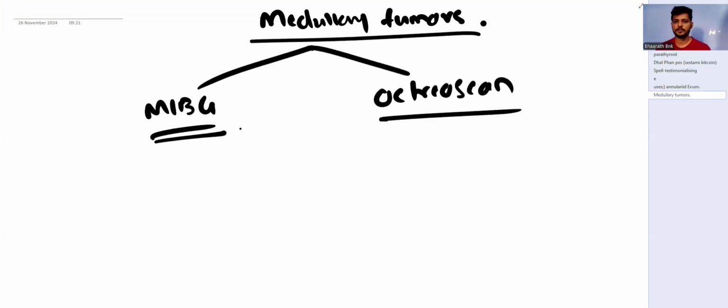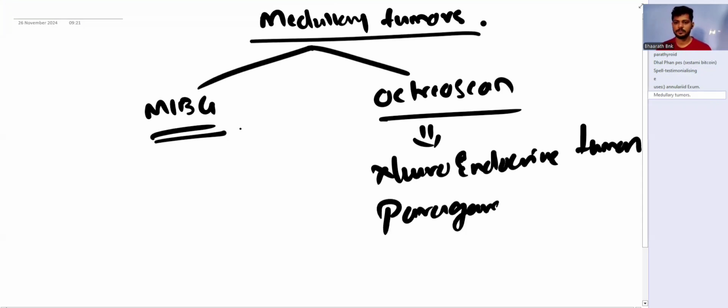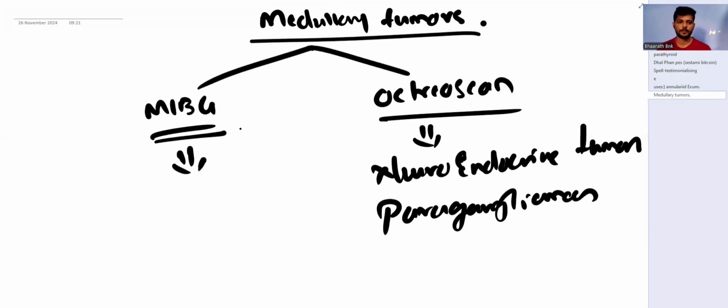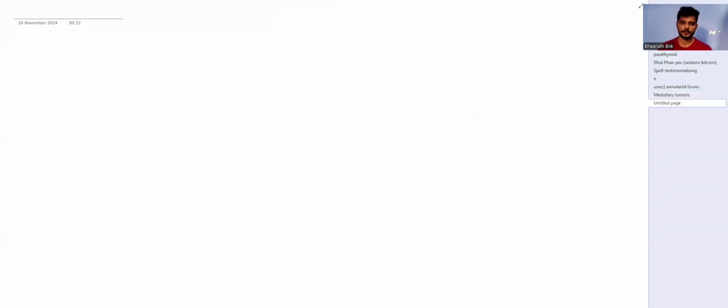This octreoscan is for neuroendocrine tumors, for paragangliomas. Now, MIBG scan is for pheochromocytoma. So this is about uses of radionuclide scanning in the adrenals.